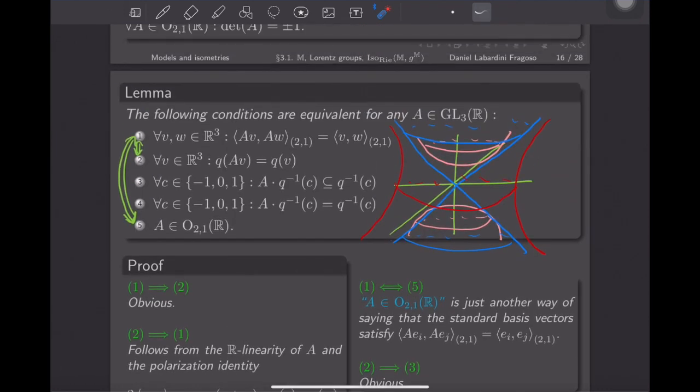So what is not completely obvious from 3 implies 2?